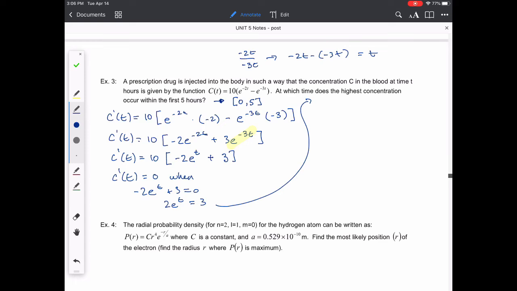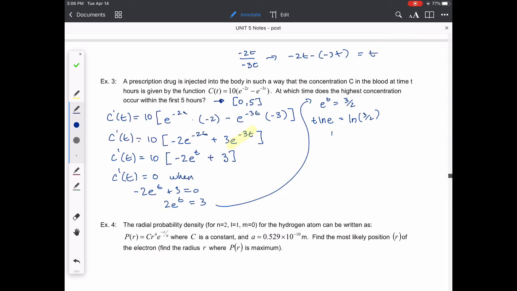If we solve for this, then we're going to get e to the t is equal to 3/2. We're going to use ln, since the inverse of e is ln. So I'm going to take the ln of e, drop the exponent, and whatever I do to one side, I take to the other. So I have the ln of 3/2.